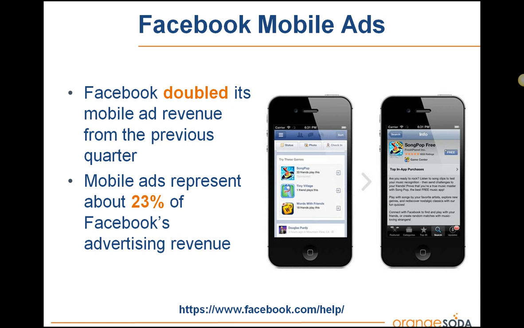So this is kind of interesting. With mobile ads, Facebook has doubled its mobile ad revenue from the previous quarter. So this last quarter they've made a huge push to really increase the ads we see on mobile. And I believe sponsored stories are the main form of mobile advertising currently.